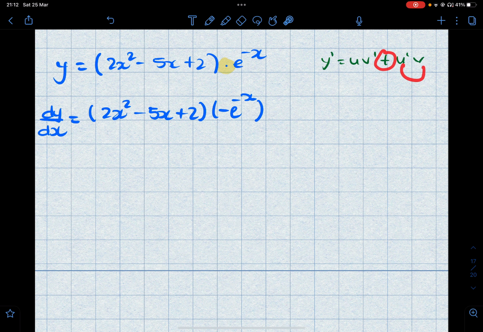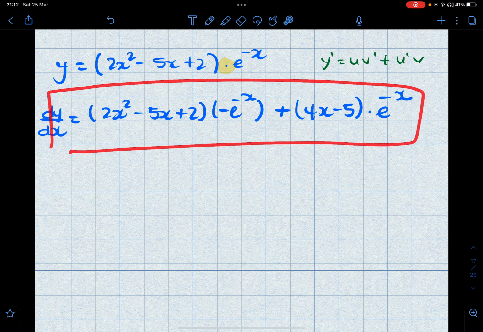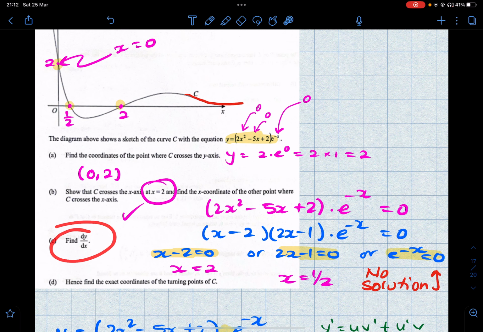Plus u dash v. So plus the derivative of this times that. So that's going to be 4x minus 5 times e to the minus x. And you can probably leave it at that. You could take e to the minus x common, but I don't think that's necessary. That's the answer to find dy by dx.